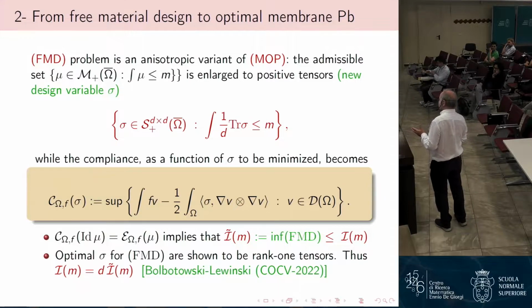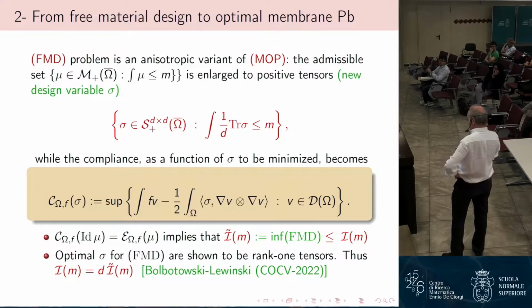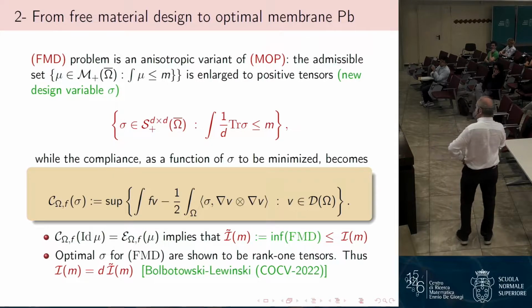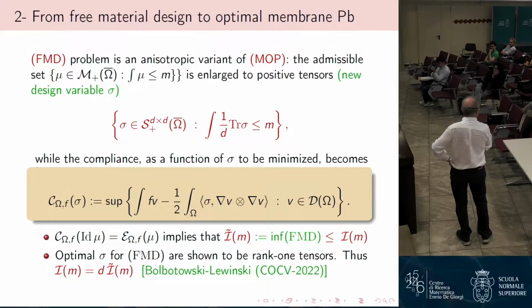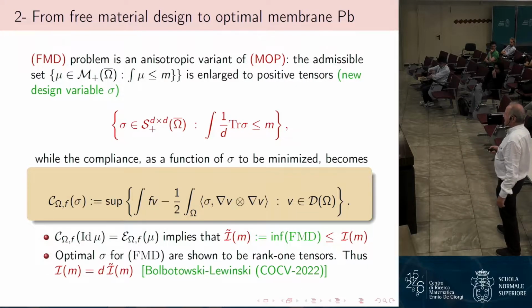I can write this as a scalar product. So instead of the compliance of mu, I define the compliance of a positive tensor sigma. This problem is well posed; sigma is positive definite. And if you take the identity times mu, you recover the previous problem.